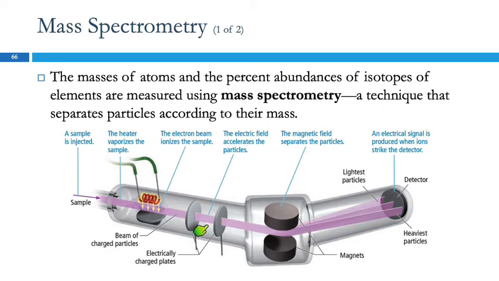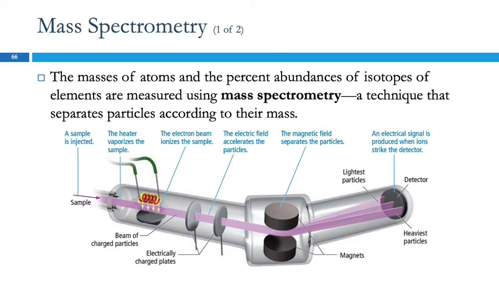So we use an electric field to accelerate the particles, and then we shoot them through a magnetic field, and the magnetic field is going to cause their path to bend. The lightest particles will bend the most, and the heaviest particles will bend the least. So it's like a bunch of wagons coming past you, and you're standing here giving them a shove and trying to push them off course.